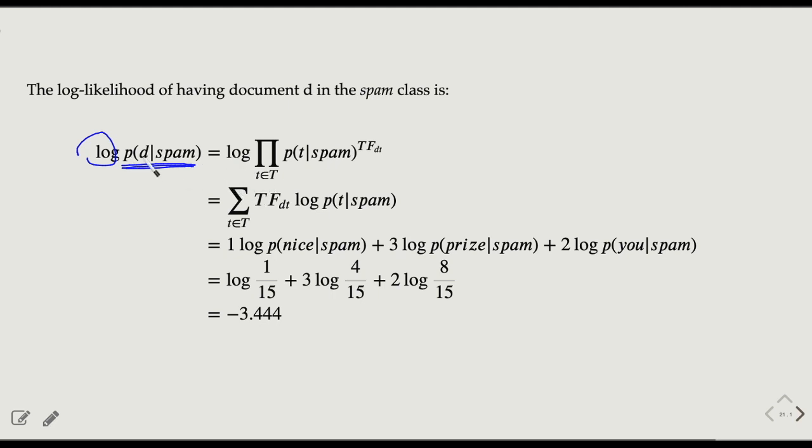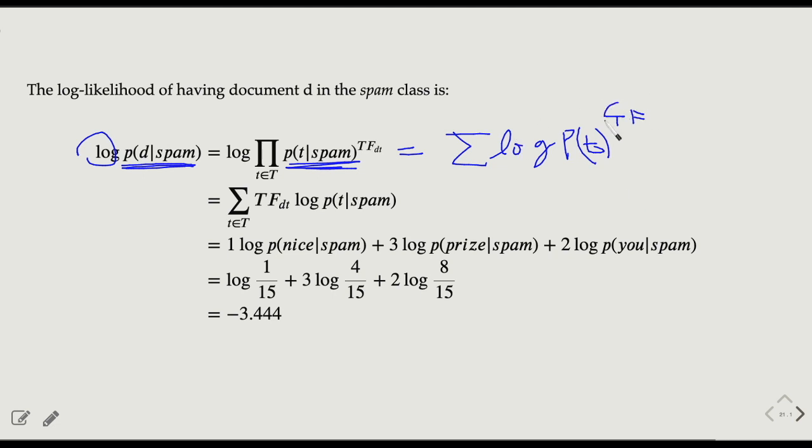Okay, and so we know that the P of D is the product of the individual terms, right? The probabilities of the terms raised to the order of TF. Okay, so the logarithm of the product, if you are familiar with the properties of logarithm, the log of a product becomes the sum of the log. Okay, so this becomes the sum of log P of t, raised to the order of TF.